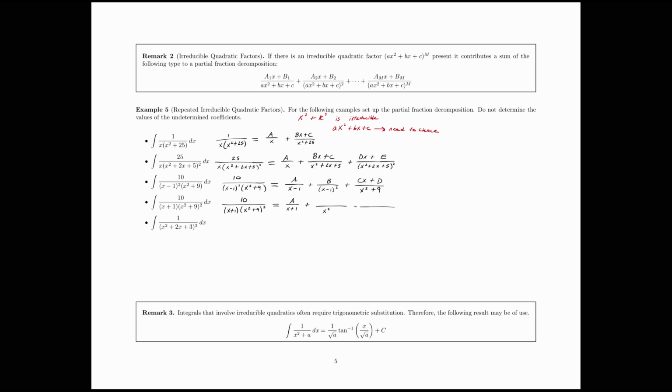So you always start with the factor itself, and then increase the power on it until you reach the power that's present in the problem. And then, of course, every time you have an irreducible quadratic, the form of the numerator is bx plus c, or a generic line, or a generic first-degree polynomial.